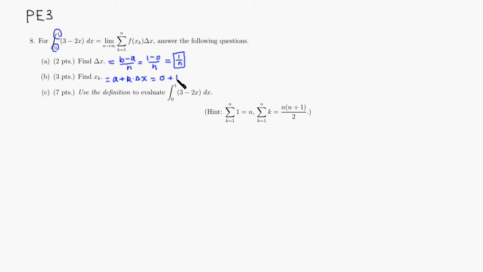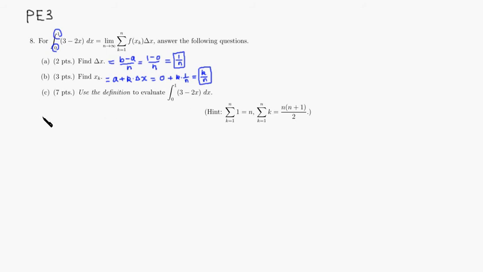So it's going to be k times 1 over n, which is k over n. Alright, so we got x_k as well.